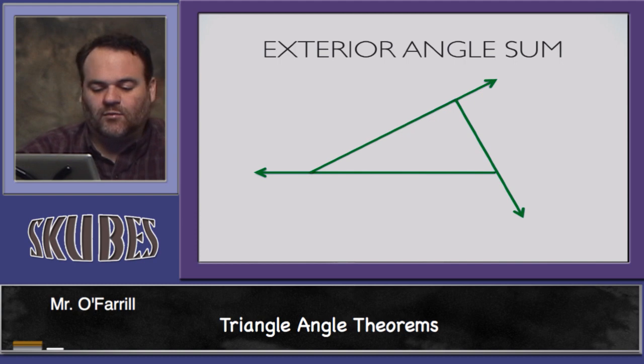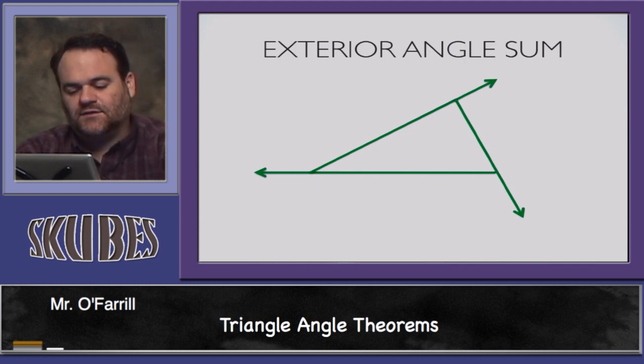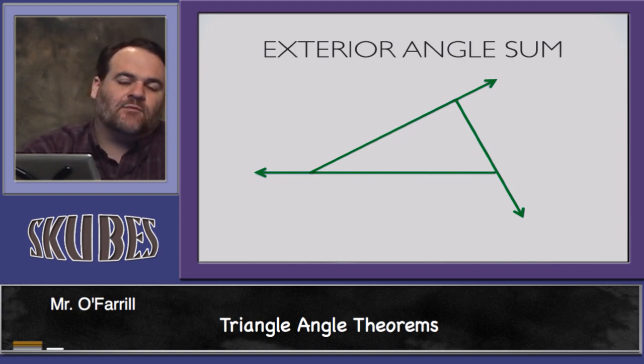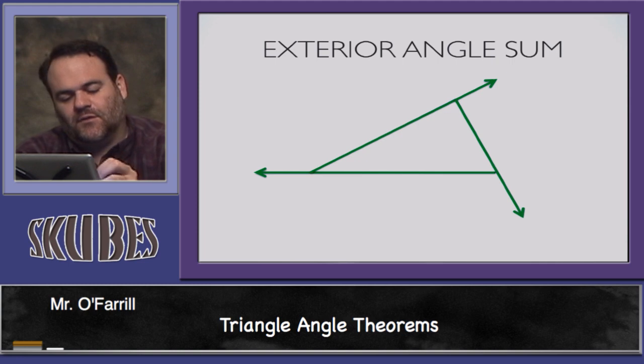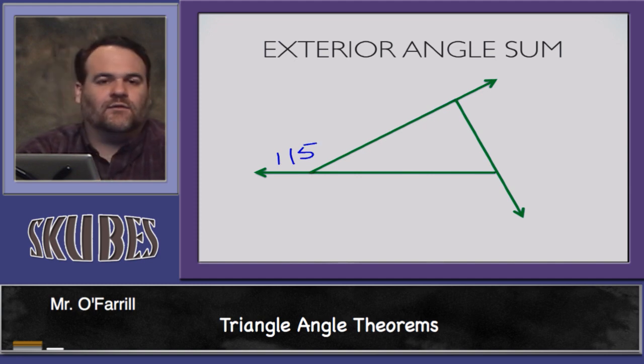And let's do one more before we move on to that last theorem. This time around, just like with our first set, let's just leave one variable in this. We're going to say that this one will be 115 degrees.